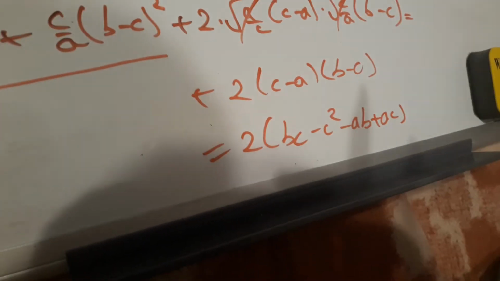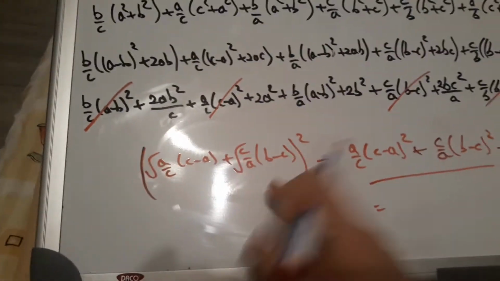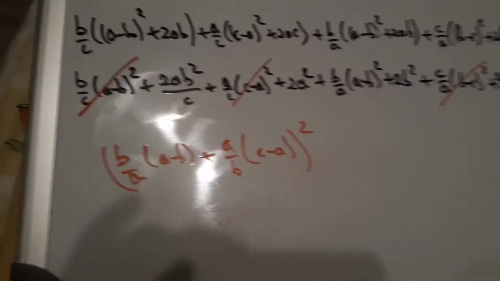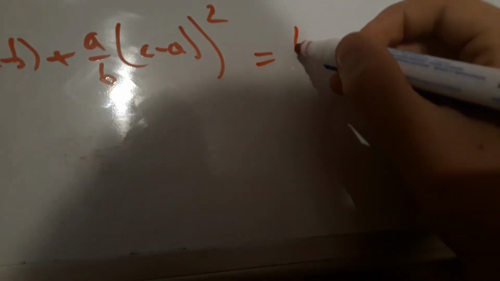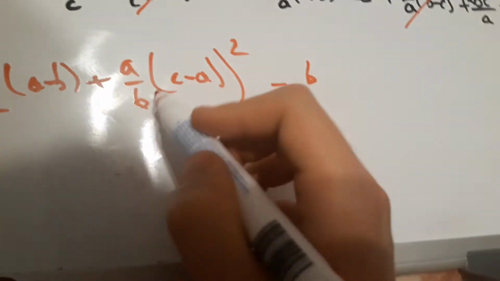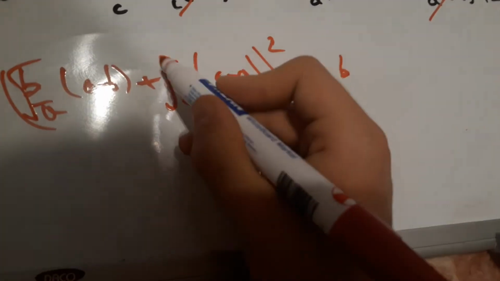That's what we need to complete the square from here. So we will write. And now we can form the last binomial from here. This is equal next to it. Sorry, I forgot the square roots.